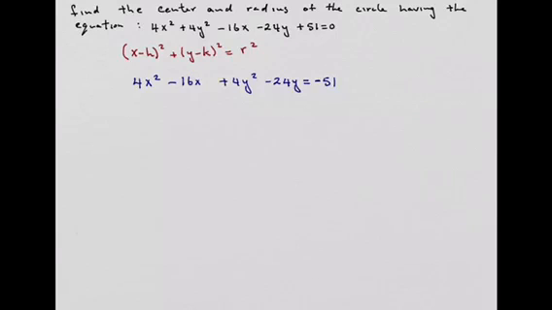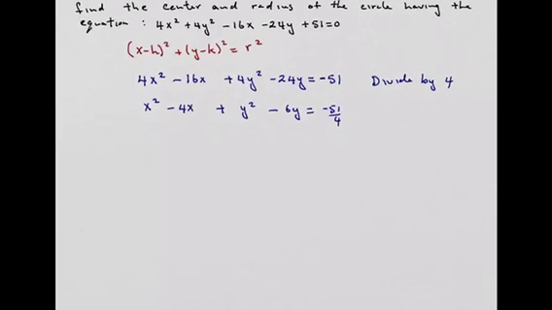And then we'll divide every term by 4. So if we divide by 4, that will give us x squared minus 4x plus y squared minus 6y is equal to negative 51 over 4. And then we'll complete the square for the x's, complete the square for the y's.